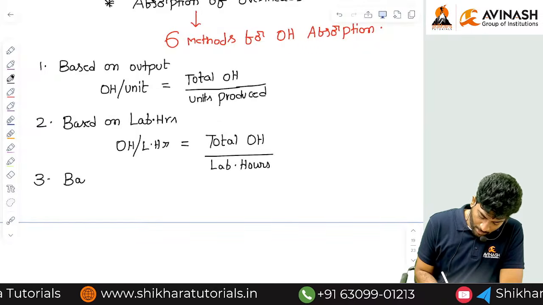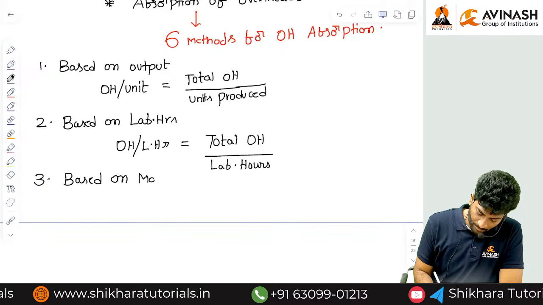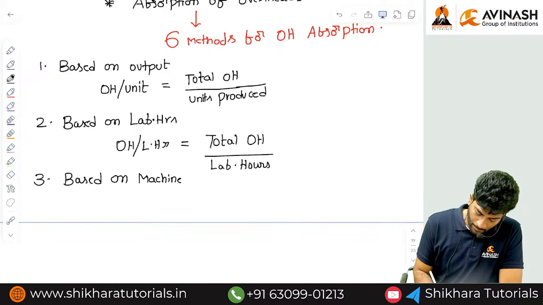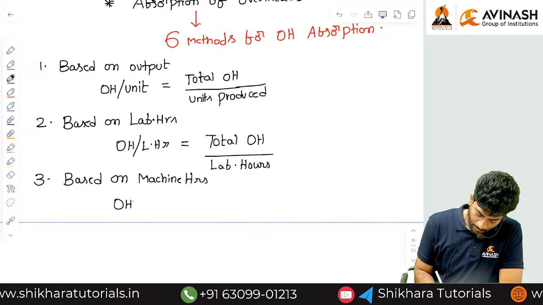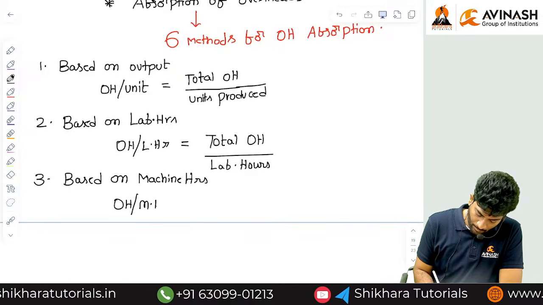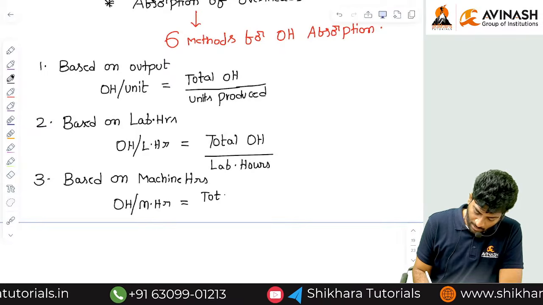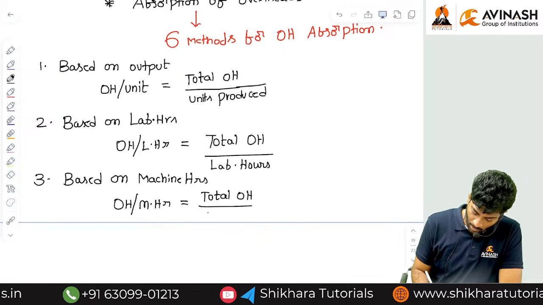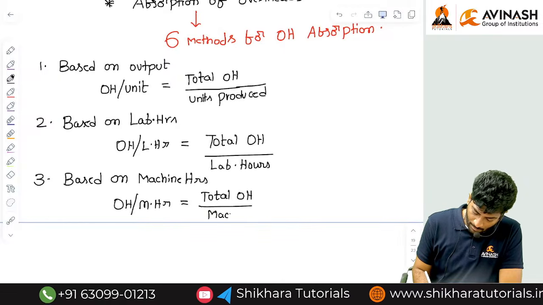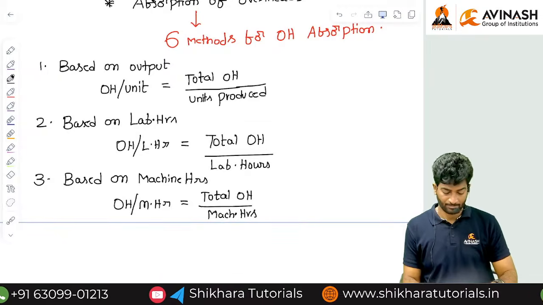You can absorb overhead based on machine hours. Overhead per machine hour is equal to total overhead divided by machine hours.